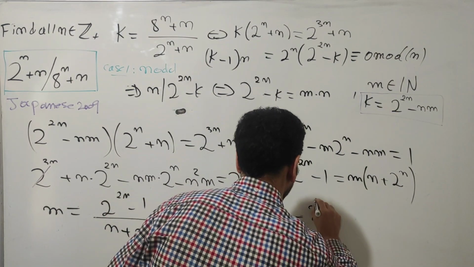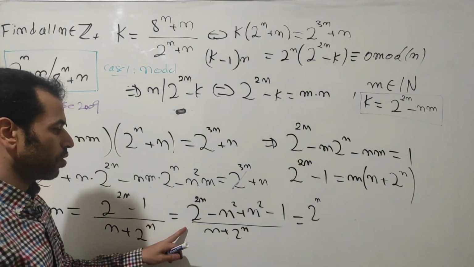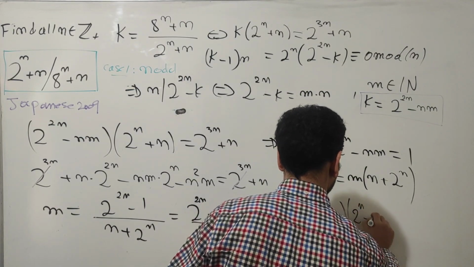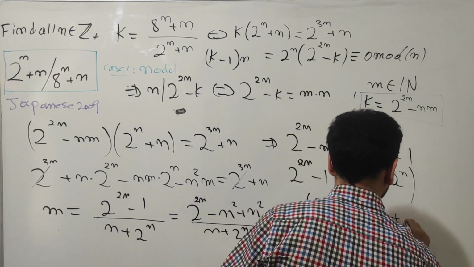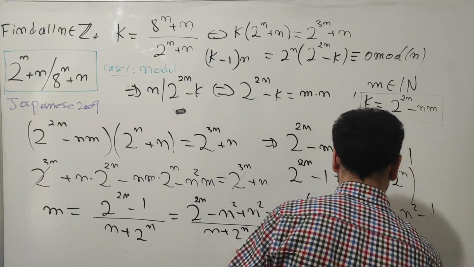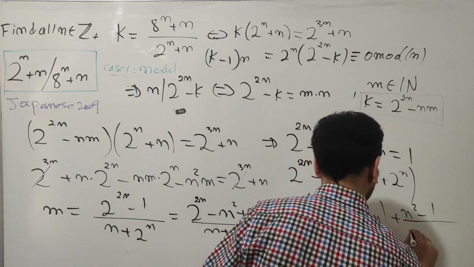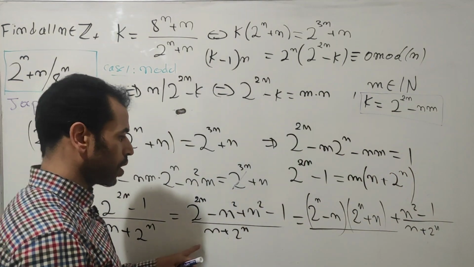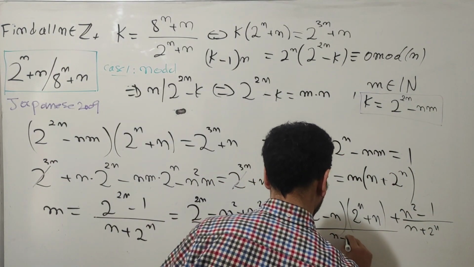So I get 2 to the 2n, and I'm going to factor it in the form of a product. I get 2 to the n minus n factor 2 to the n plus n, plus n square minus number 1, all over n plus 2 to the n. I split this into two fractions.